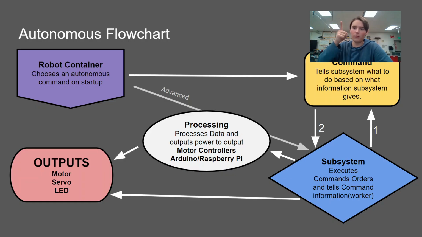So it'll say, go forward. And then it says, it hasn't traveled far enough. Go forward. Hasn't traveled far enough. Go forward. Okay, we've reached our spot. And then the command ends, the subsystem ends, and we get that output all throughout while they're communicating with each other, if that makes sense. So we got these things communicating, and while they're communicating, we're getting an output, or maybe it's processing and then an output. Pretty much the same thing as the other one, just a little bit different.